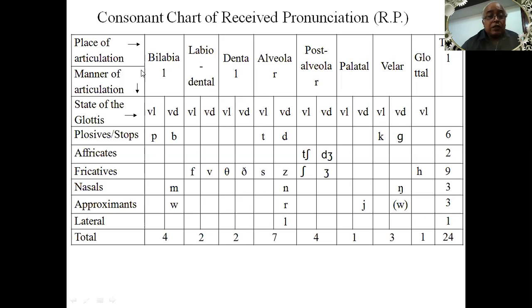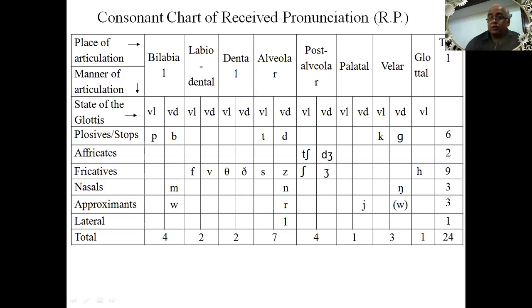Next we see the place of articulation is bilabial. That means the two lips came in contact, and when they released, the sound was produced. And next thing we have to describe is it's a plosive sound.